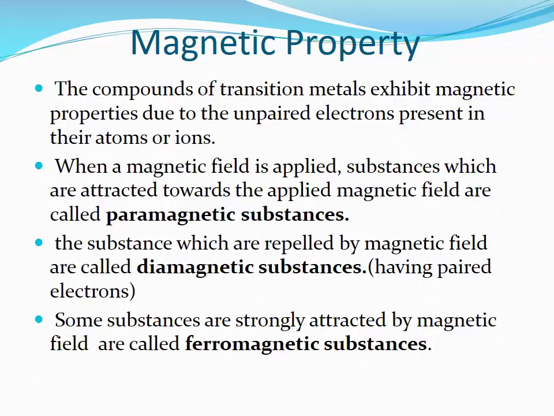Paramagnetic substances are those which, when placed in a magnetic field, get attracted towards the applied magnetic field. Diamagnetic substances are those which are repelled by a magnetic field due to the presence of paired electrons. And ferromagnetic substances are those which are strongly attracted by a magnetic field and behave as a magnet.